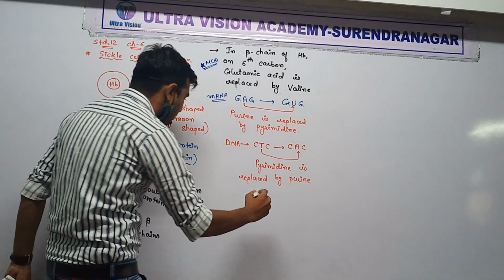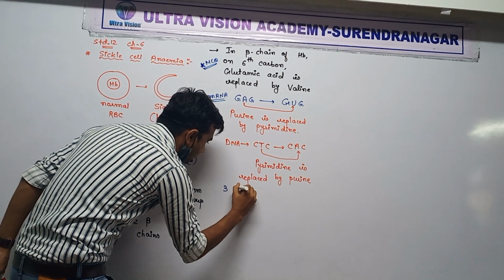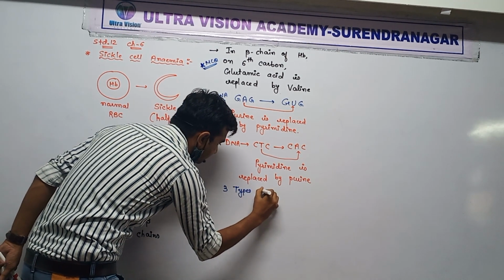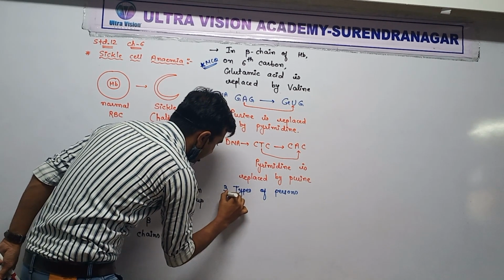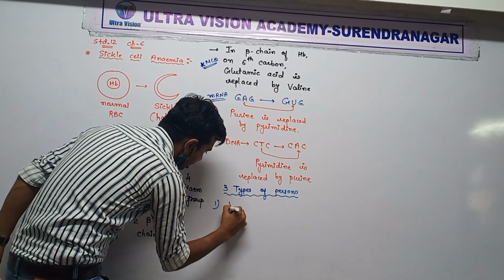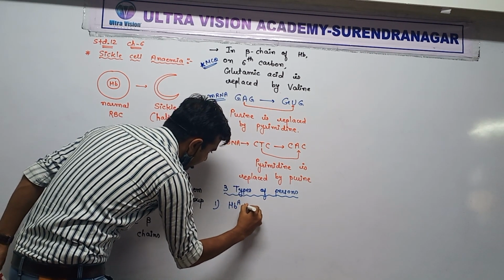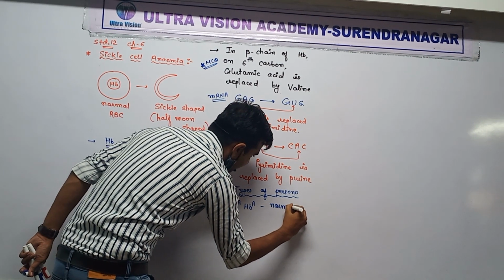Here, three types of persons are there for sickle cell anemia. HbA HbA, known as normal person.